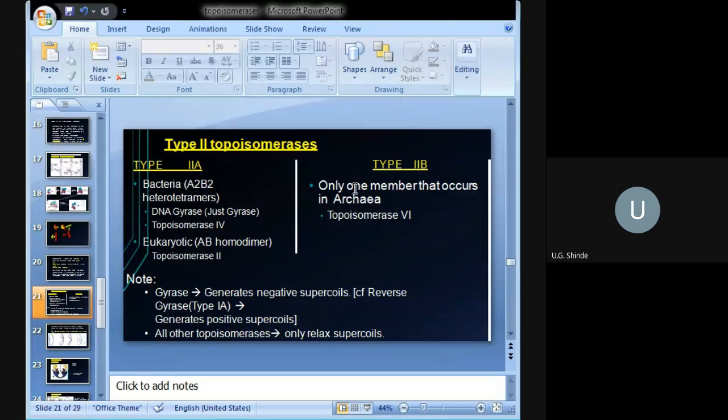So first point we will mention in the difference. Is it visible? Slides are visible. Yes, sir. So the presence of type 2A is in bacteria, whereas type 2B enzymes are present only in the one member which is occurring in the Archaebacteria.